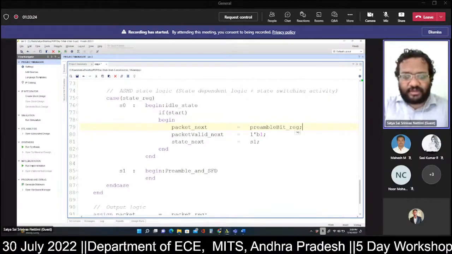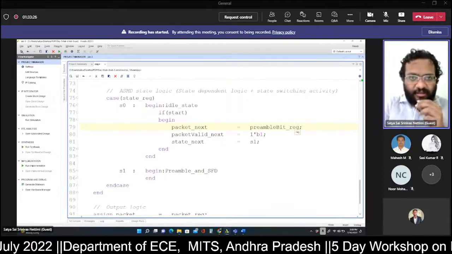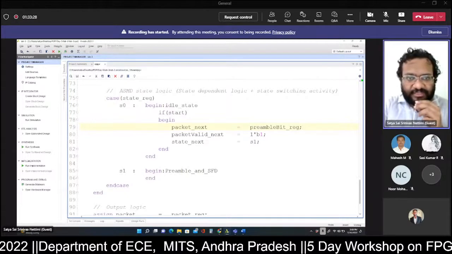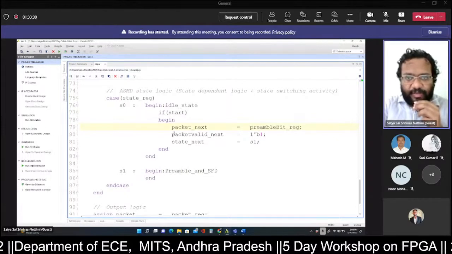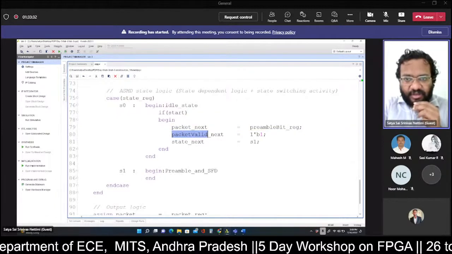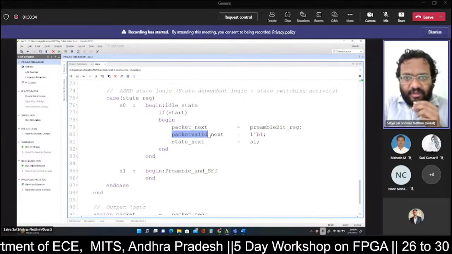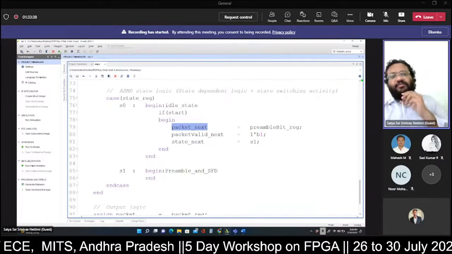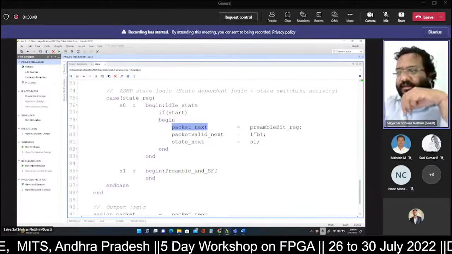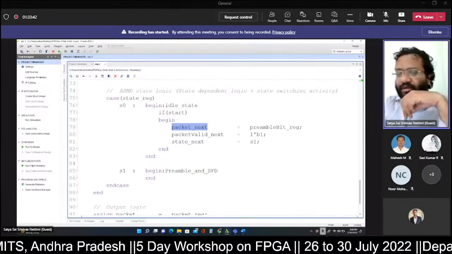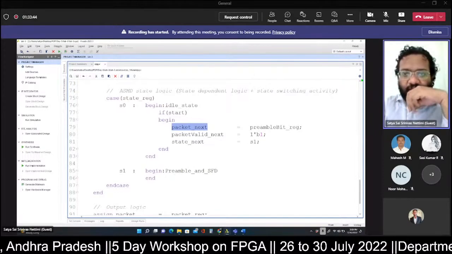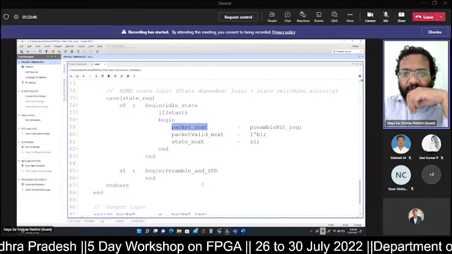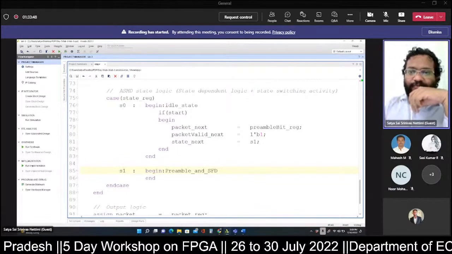So when the FSM transitions from S0 to S1 state, packet valid is made logic high, and accordingly we get the first data bit of the packet, that is numeric 1, on the packet output.